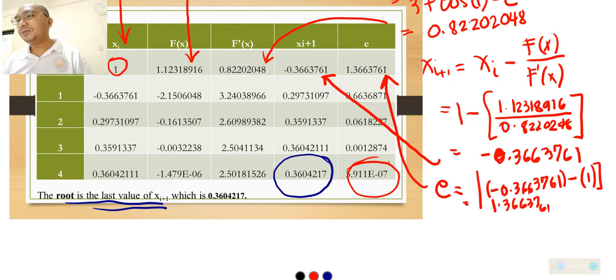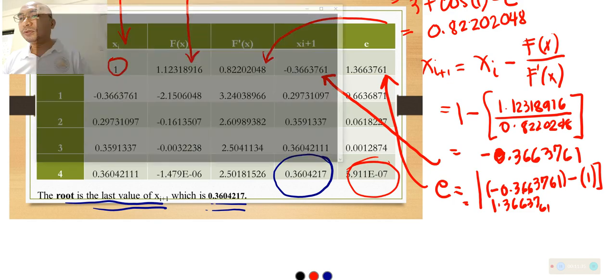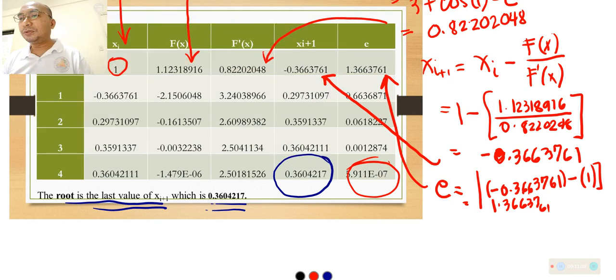That is 0.360417. So that's why the root here is 0.360417. Newton-Raphson is a very easy method to utilize in solving for the root of an equation.